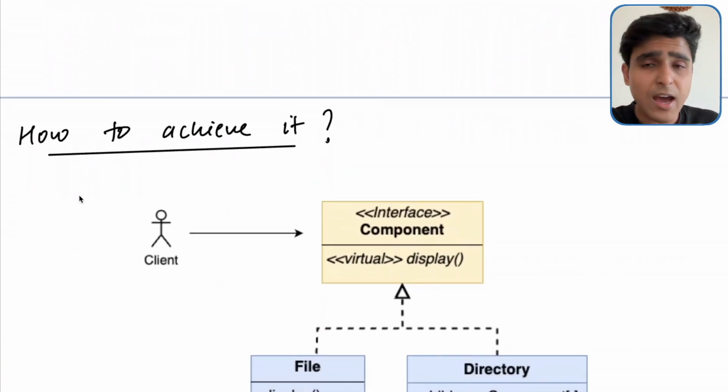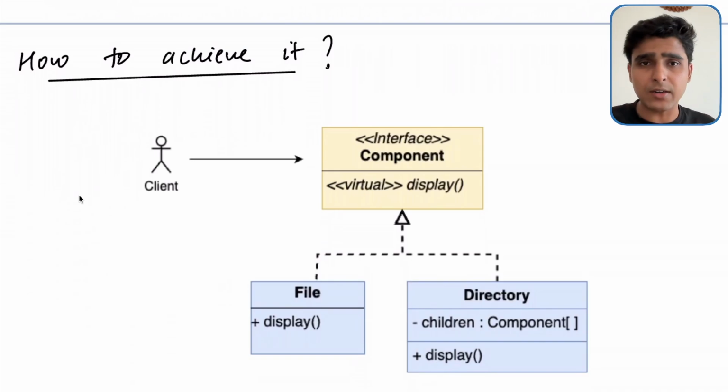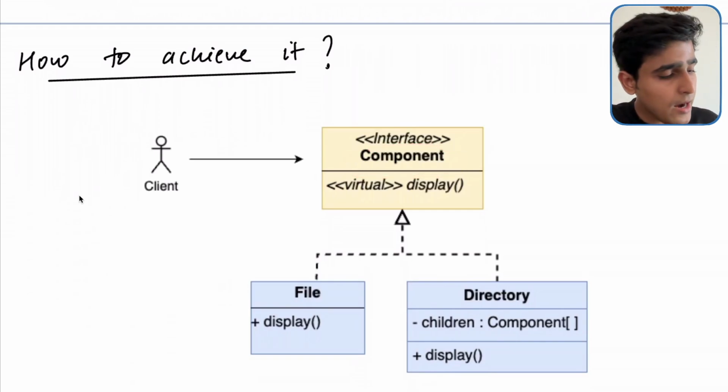Now let's see how composite design pattern achieves it. It's a very simple design pattern. It just enables this using an interface. You can create a component interface, and whatever functionality you want each object to possess, for example our individual object and our complex object, you can have those functions in the interface.